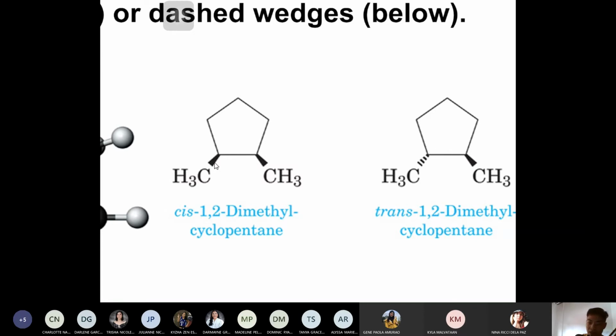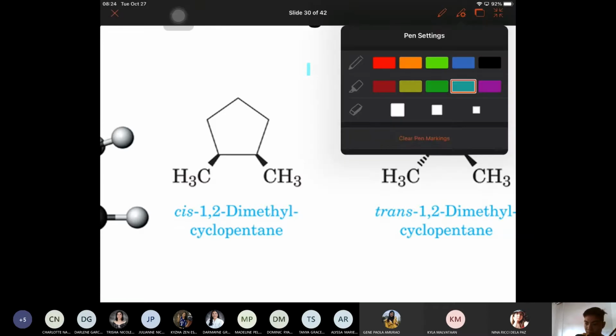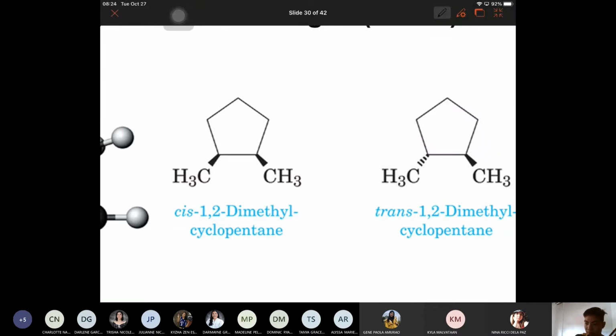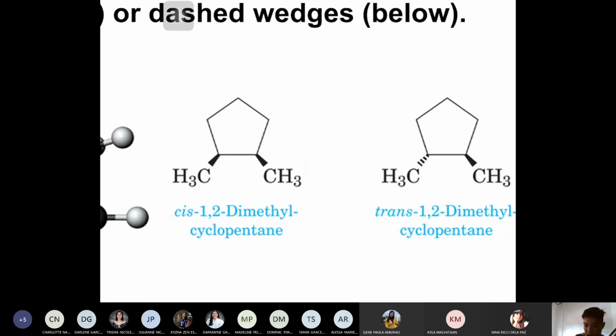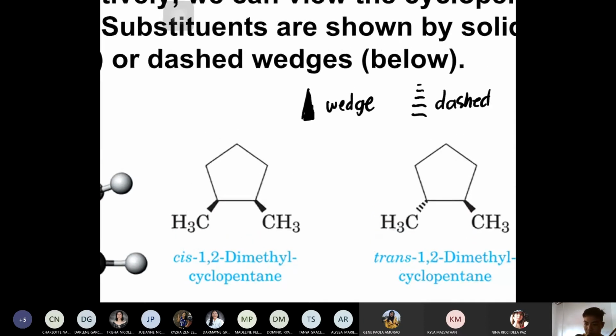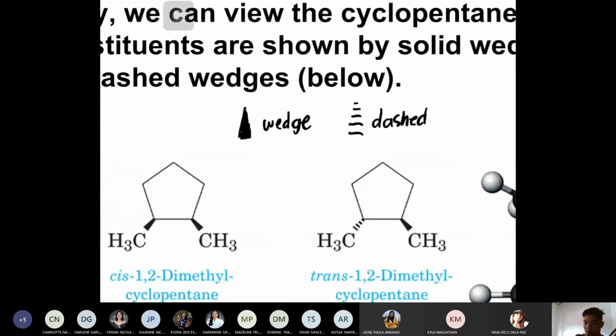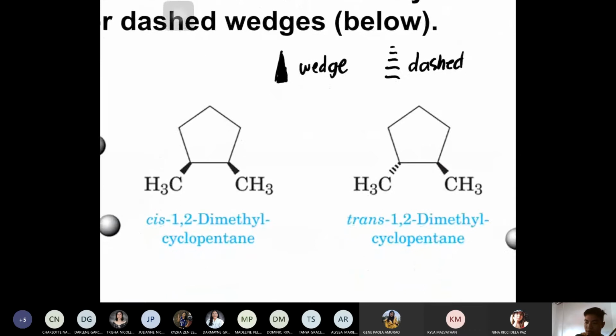So makapal yung bond. So ito yung wedge mo. Tapos ito yung dash. Solid wedge and the dashed wedges.